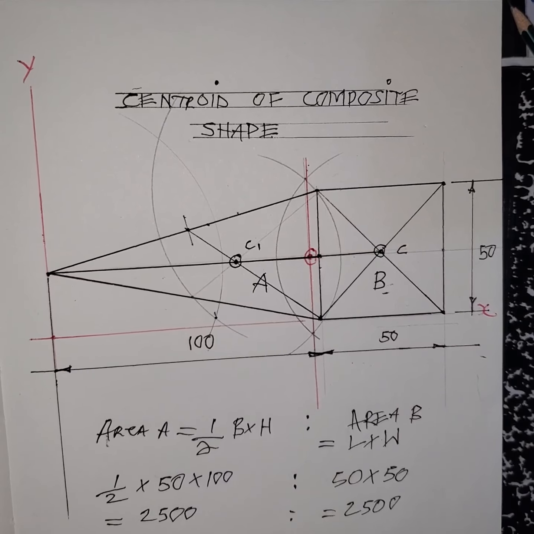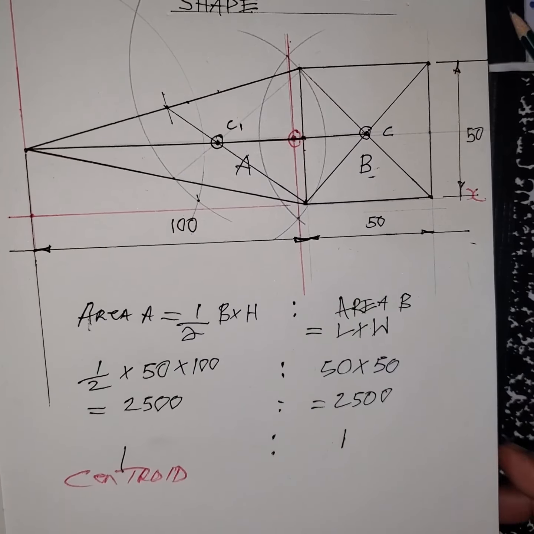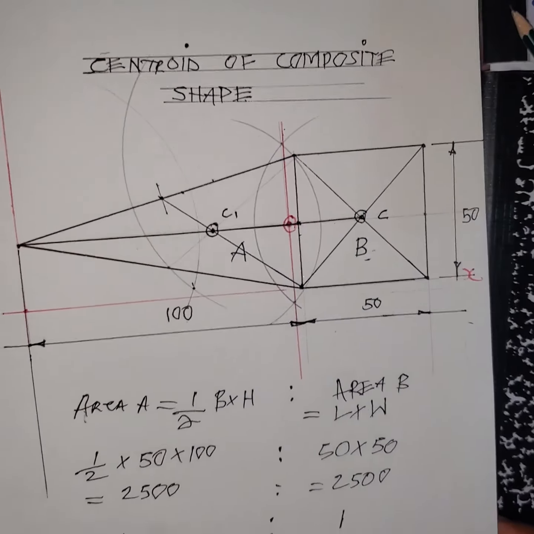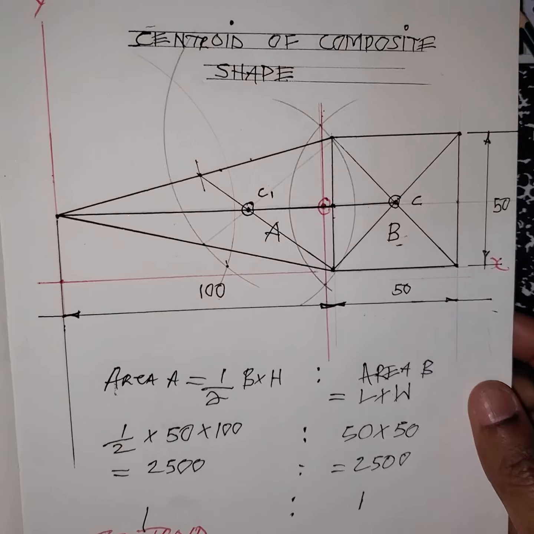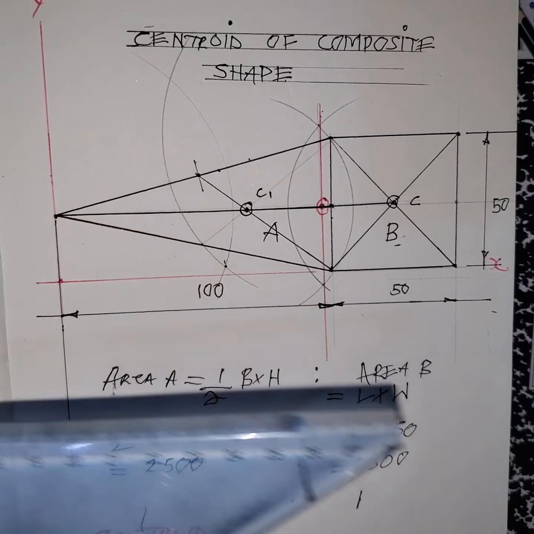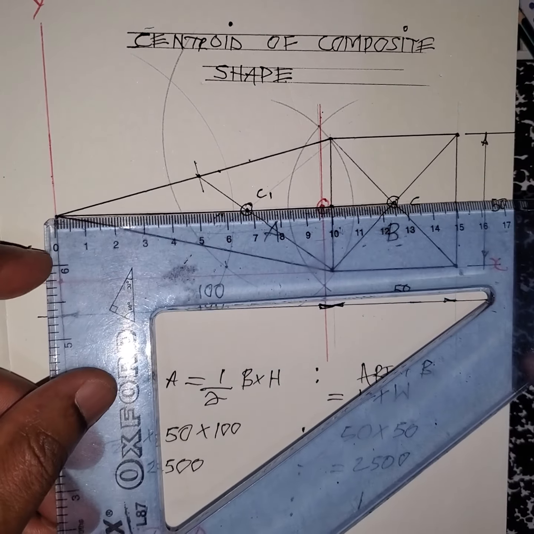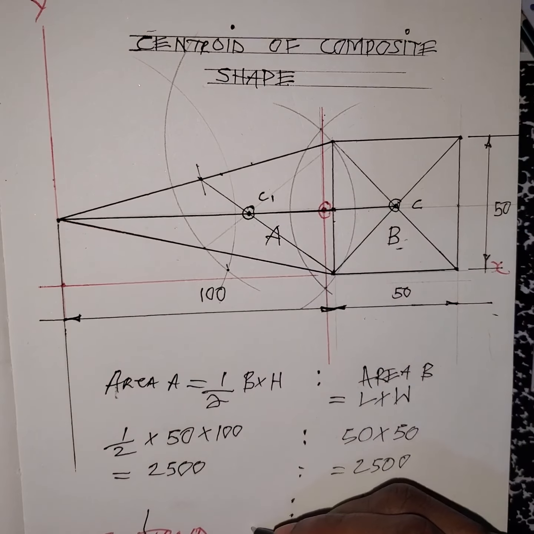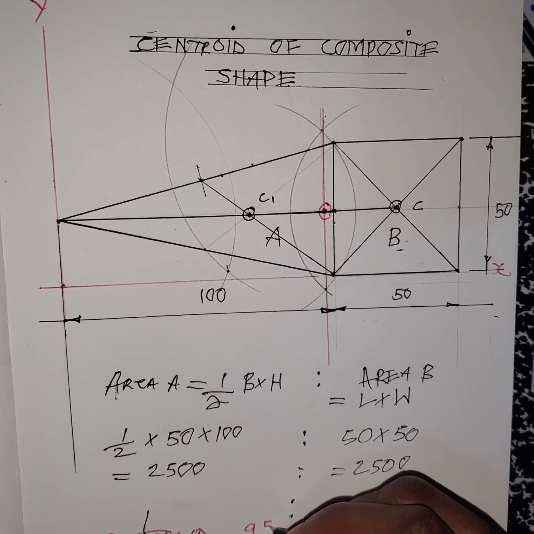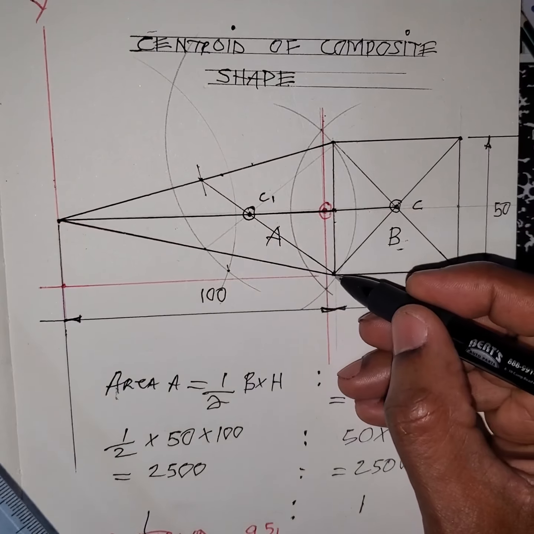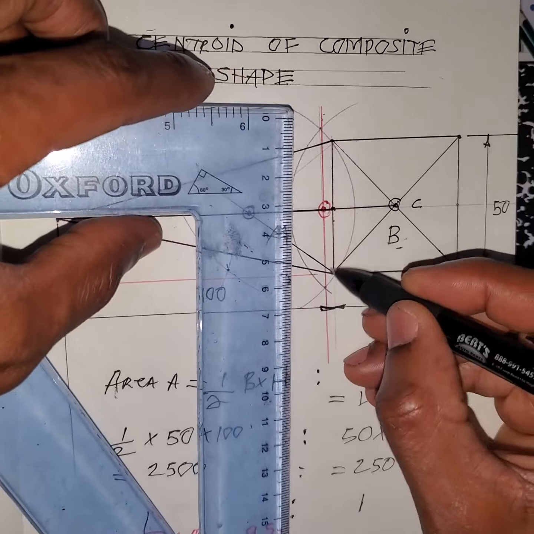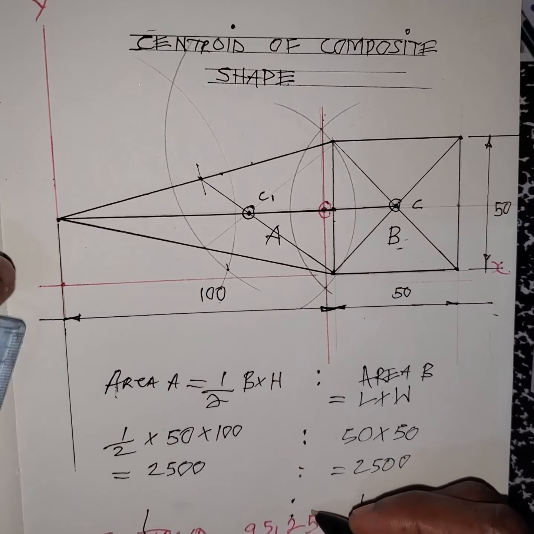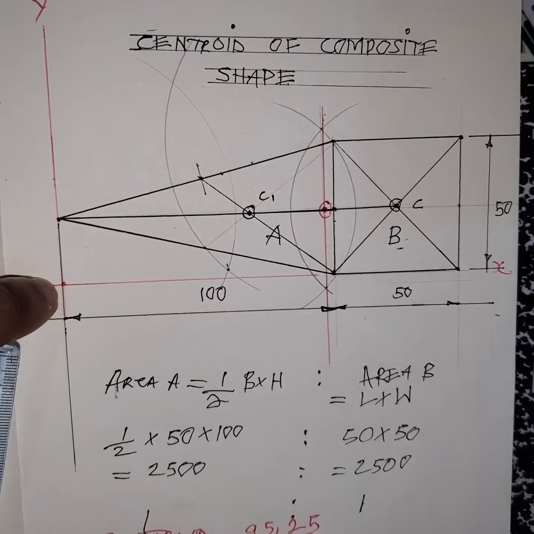So the centroid from the origin here would be 95 on the x-axis, and 25 on the y, which is half of that.